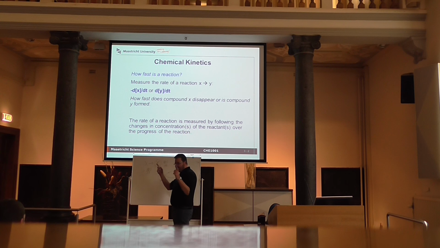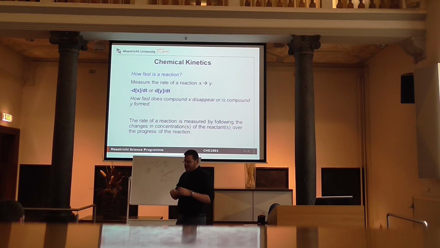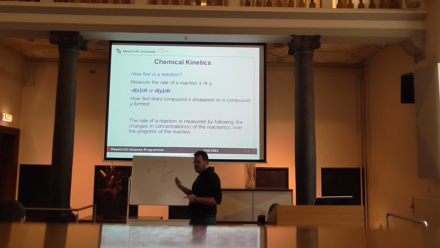If you want to measure the average rate between, let's say, this point here, let's call this T1, and this point here, let's call it T2, there you have to measure the gradient of the line that passes through those two points. The gradient of that line would be the rate of the formation of Y in this case.